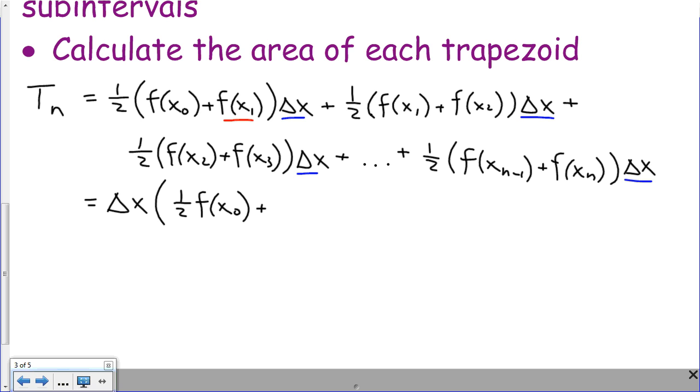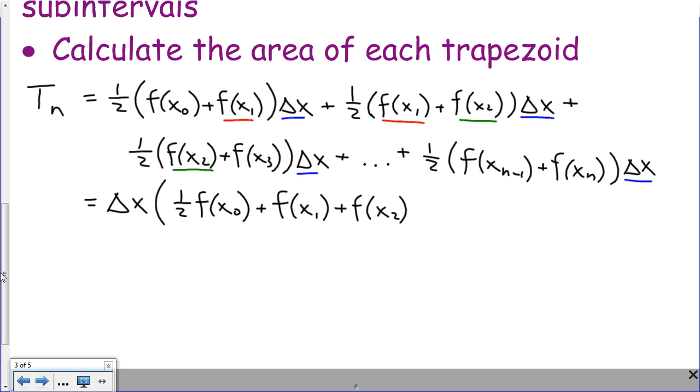And I can see on the second trapezoid that I have another 1/2 of f of x sub 1. 2 halves, of course, add up to 1 whole. So that means this is actually just f of x sub 1. That happens again here. I have another 1/2 of f of x sub 2. And I have the other half of f of x sub 2 right here. So those 2 halves make up just f of x sub 2.